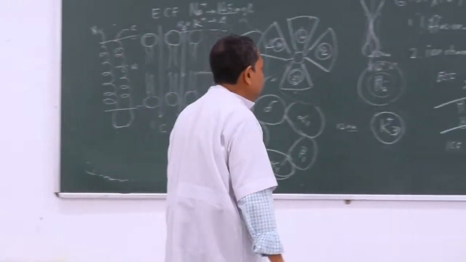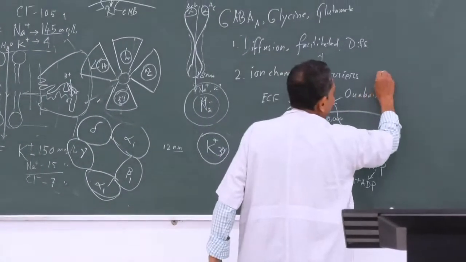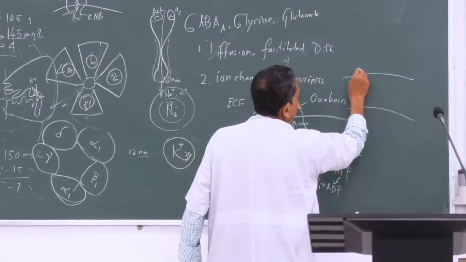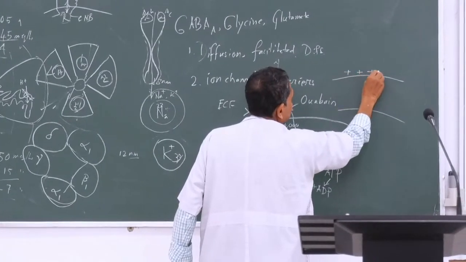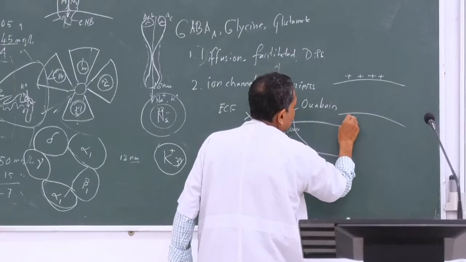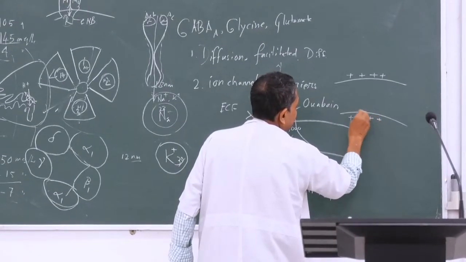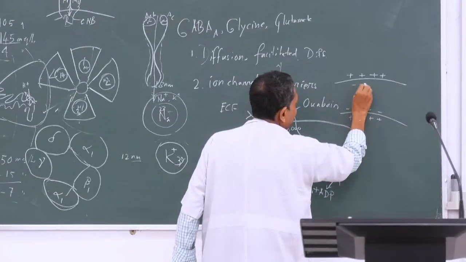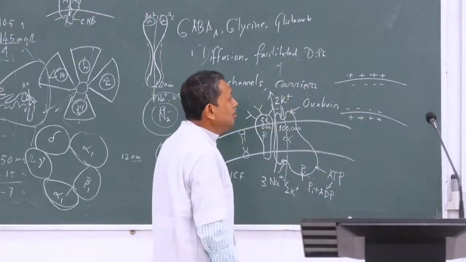Suppose in an axon, on either side, it is positive outside and negative inside.